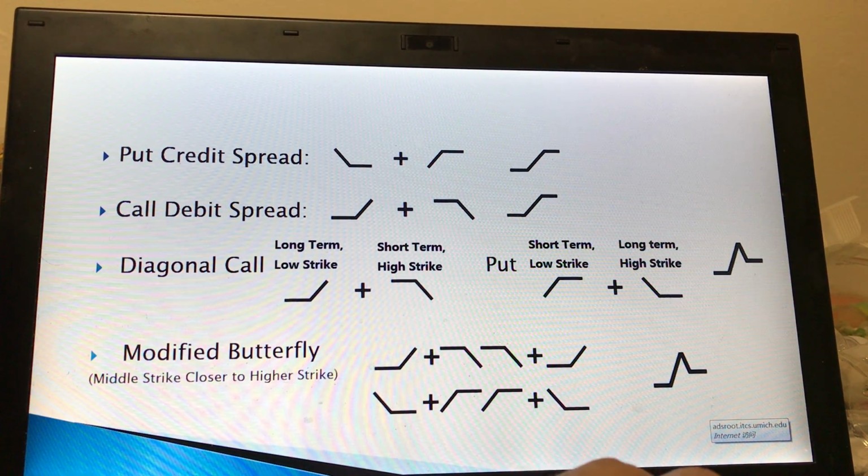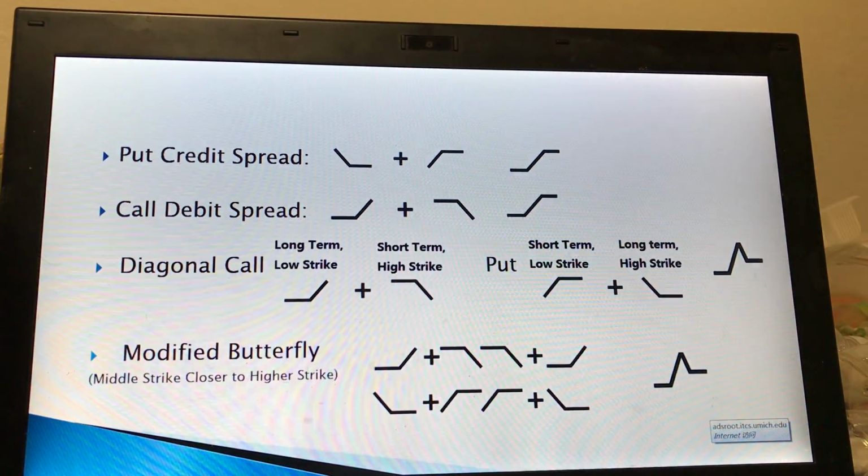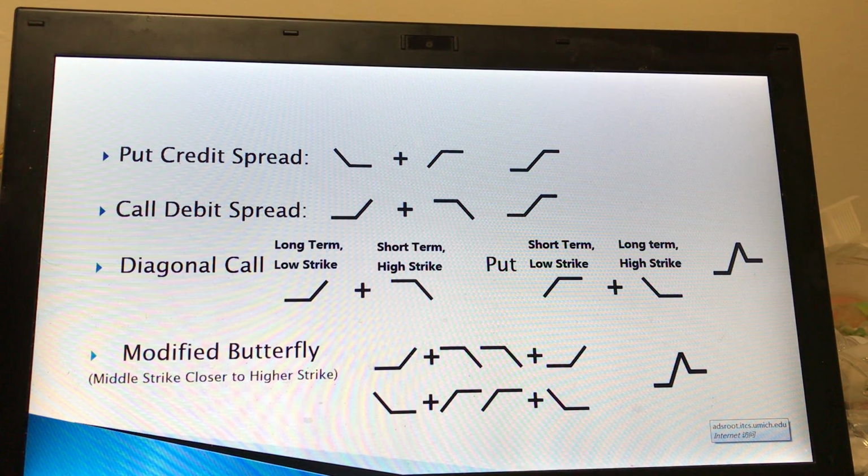This is a little bit different from the calendar calls, since for the calendar calls and calendar puts, even if the stock makes a big upward movement, you are still losing a lot of money from it.